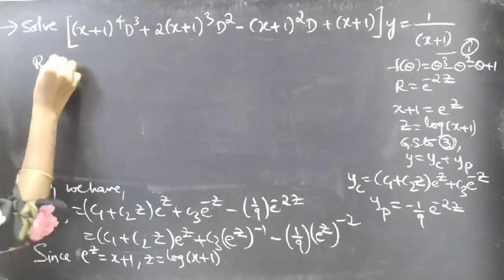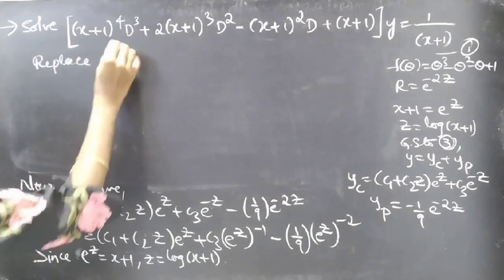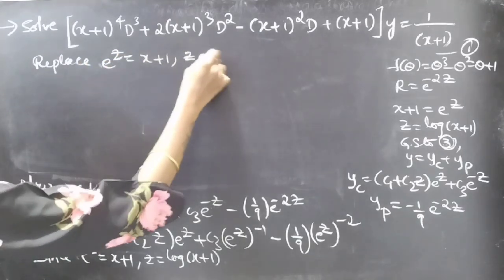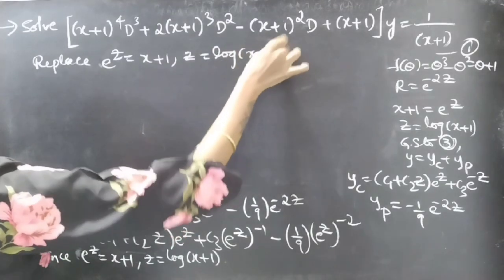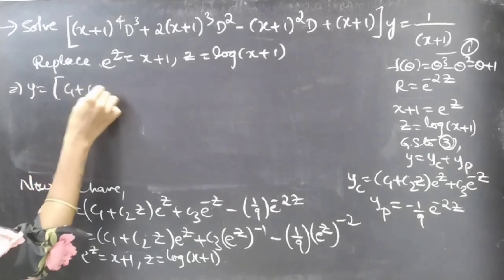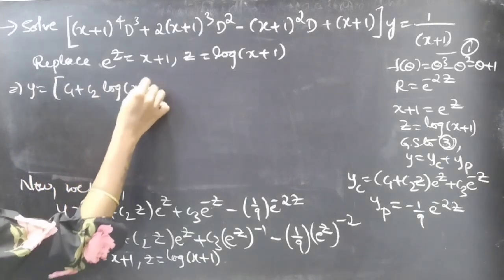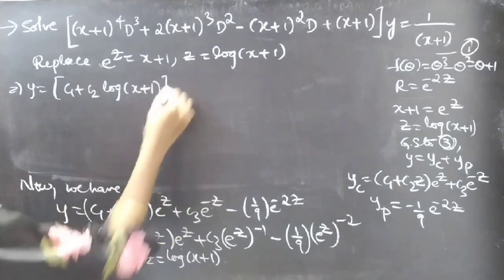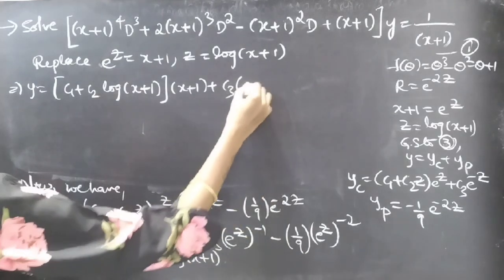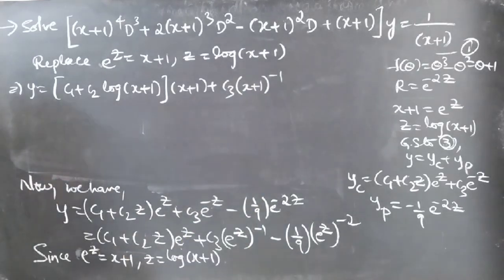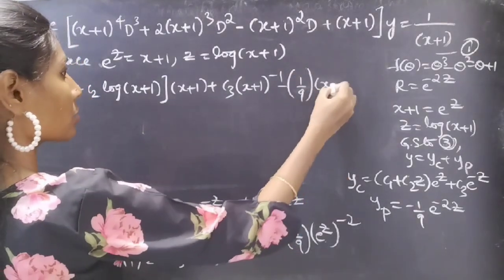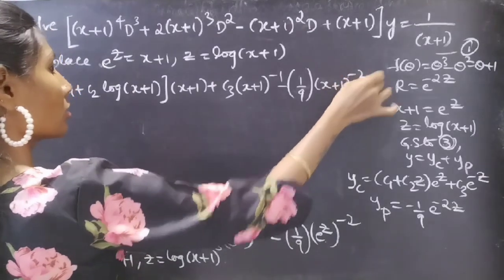So now we'll replace e power z by x plus 1 and z by log of x plus 1. Then y equals (c1 plus c2 log of x plus 1) into (x plus 1), plus c3 (x plus 1) power minus 1, minus 1 by 9 into (x plus 1) power minus 2.